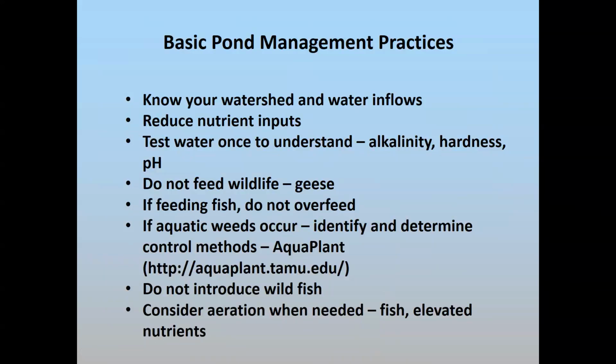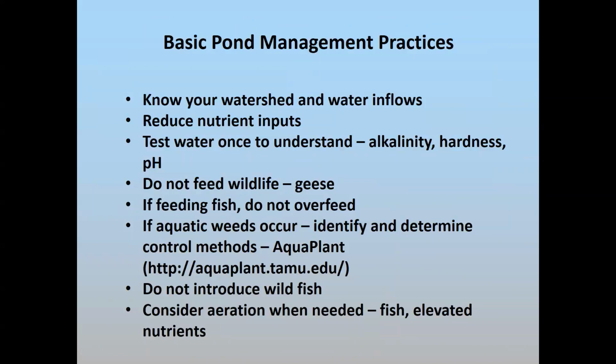Again, we talked about reducing nutrients, and then also testing your water. If you can understand some of the basics, like your alkalinity and hardness, pH, that will help to understand what is going on with the watershed and the pond soil, what sort of minerals you have in there, but also these parameters, particularly alkalinity, are important to know when you plan on using herbicides.